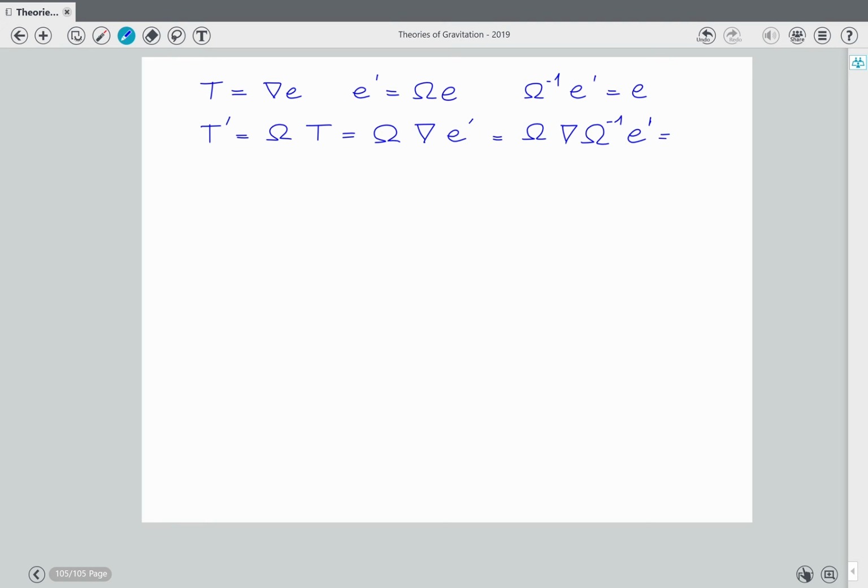Yes. So since the torsion T prime can be written like that as nabla prime E prime, you can, if you want, say that the covariant derivative transforms like this. If you want a formula for the transformation of the covariant derivative, that is it.